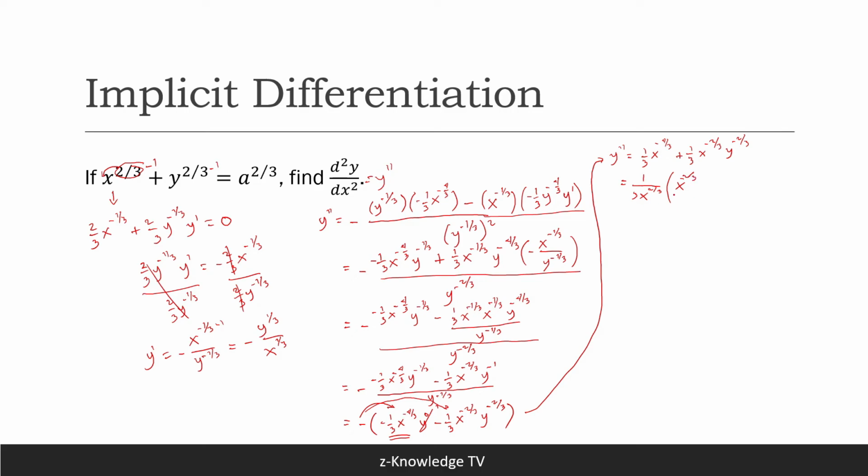Kapag nilipat sa taas, magiging x raised to negative 2/3. Since pag pinag-multiply mo 'yung dalawang like term, pag-addin mo lang 'yung exponent, so magiging negative 2/3 plus negative 2/3, or equivalent nun is x raised to negative 4/3. Okay?